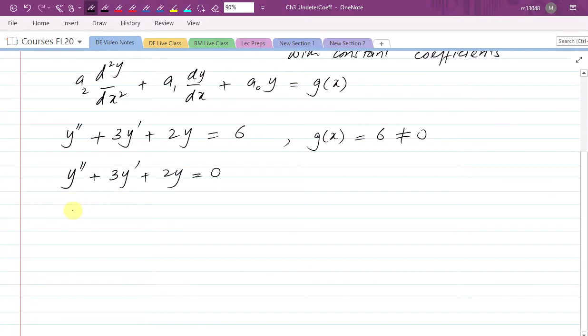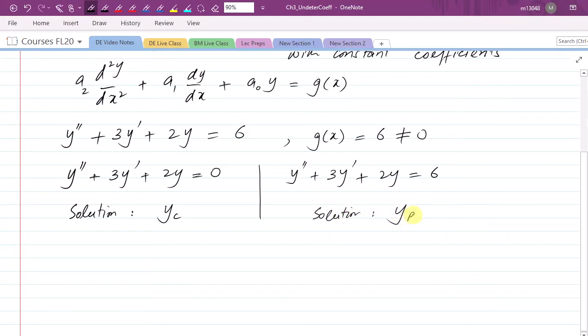And the solution of this equation, we call it complementary function, and we denote it with yc. Then we write the same equation again with 6, and then we solve it again, and the solution for this we call particular integral. No need to remember the names for now.